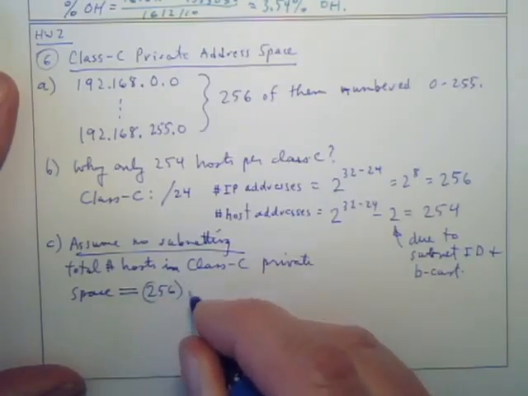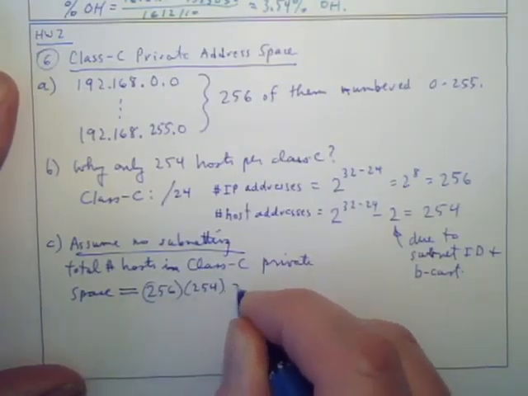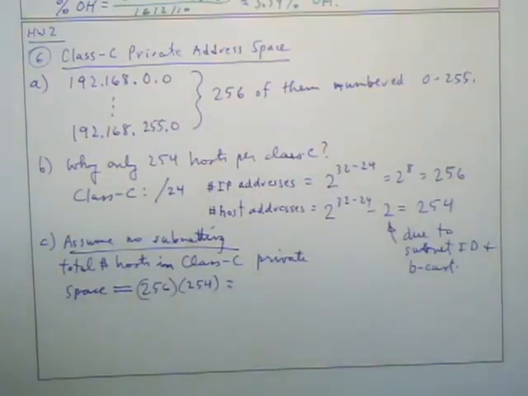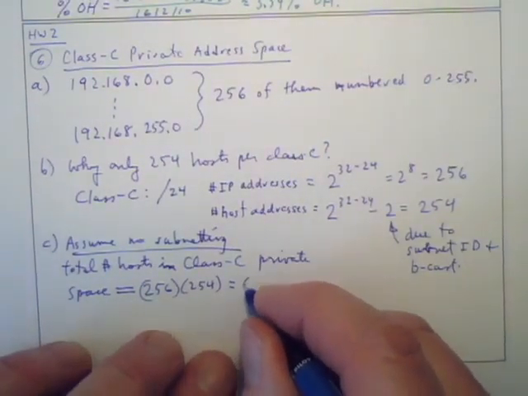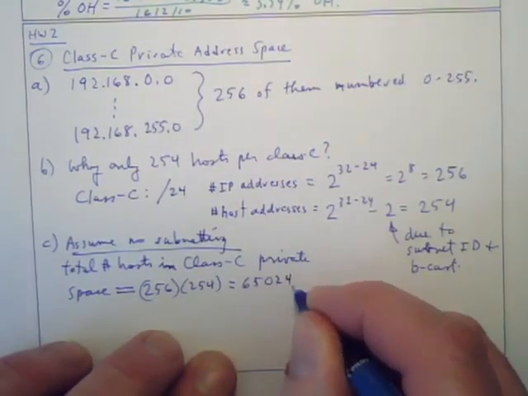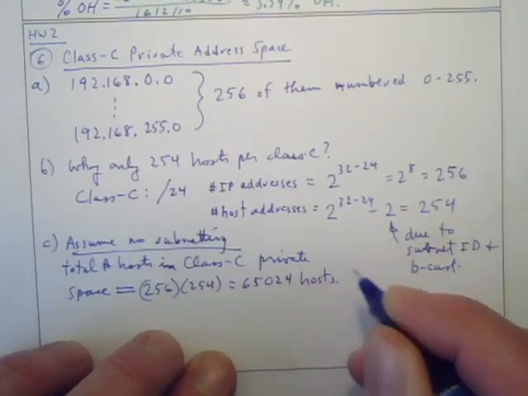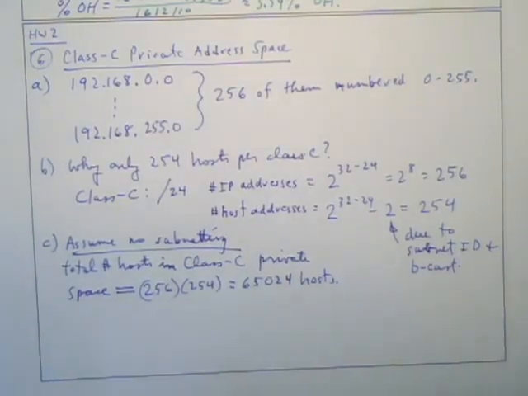So 256 times 254, and that gives us 65024 hosts, or host addresses.